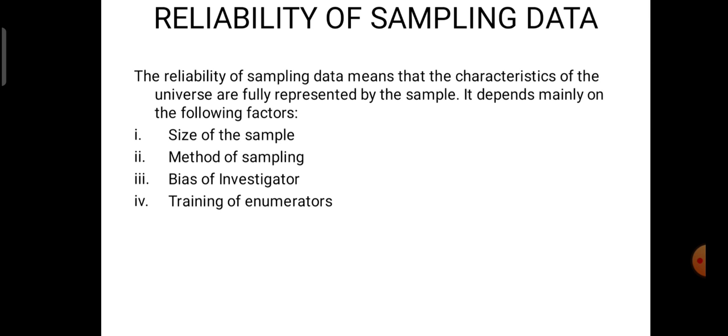Okay, the lesser the bias of the investigator, the more reliable will be the sampling data. And the last is training of the enumerators. Enumerators are the persons who collect the data. If they are properly trained, and if they know how to collect the data that is best suited for our study, then the data will automatically be more reliable. So these are the points to check the reliability of sampling data.